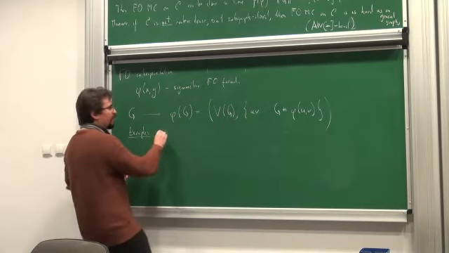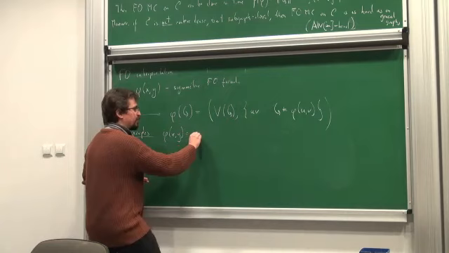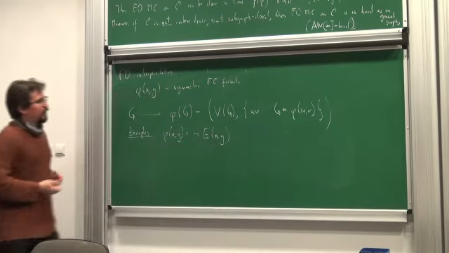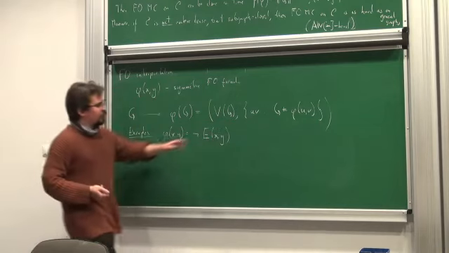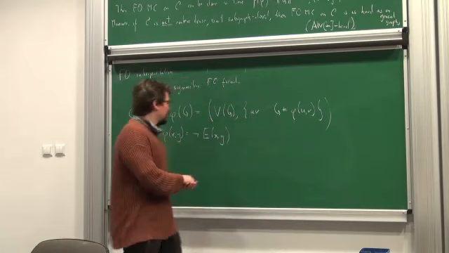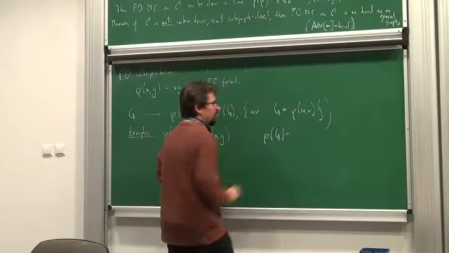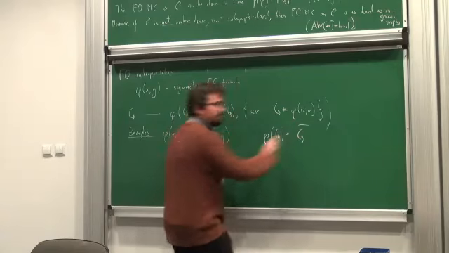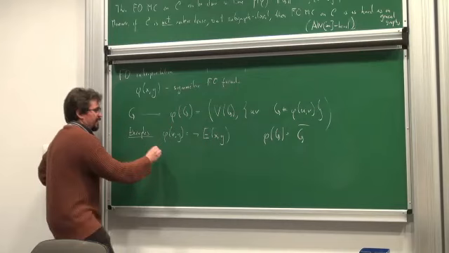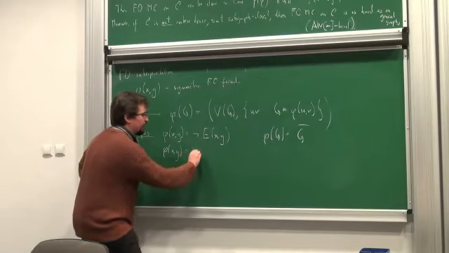So if my phi of xy is just that there is no edge between x and y, then what happens here? I'm putting an edge whenever there was no edge. So phi of my graph G is just the complement. Another example: imagine that my phi of xy is distance at most 2.